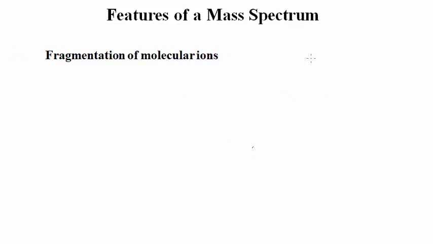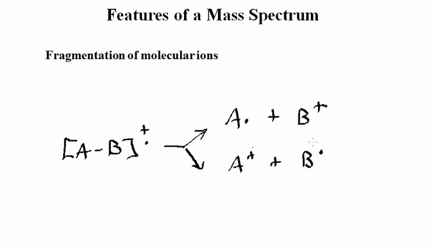Now let's consider the fragmentation of the molecular ions. To attain high efficiency of ion formation and to give reproducible mass spectra, it's common to use very, very high energy electrons. This energy is sufficient not only to dislodge one or more electrons from a molecule, but also to cause extensive fragmentation.